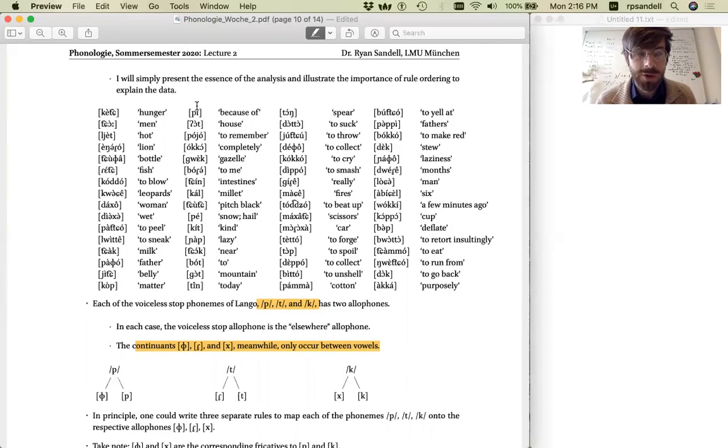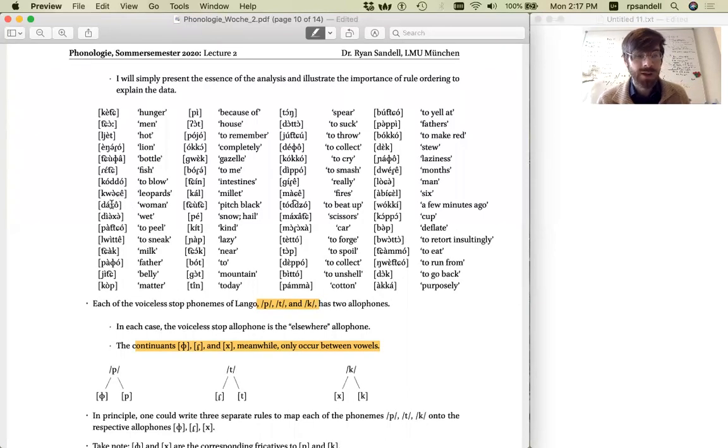So for instance, if we look at the beginning of a few words in this language, we have words like tong with a stop at the beginning of a word, and kal with a stop at the beginning of a word, but on the other hand, we have words like pafo with a fricative in between vowels, or let's see if I can spot another example with a velar fricative on the page.